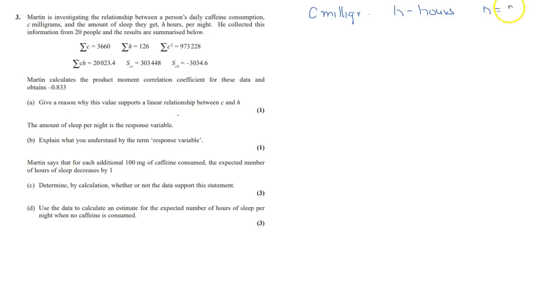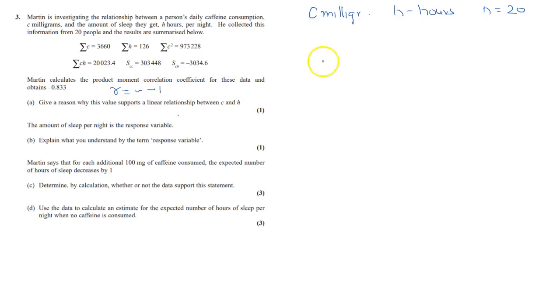So he has 20 people, and the results are summarized below. He calculates the product moment correlation coefficient, that is R, and R is approximately -1. Give a reason why this value supports a linear relationship between C and H.